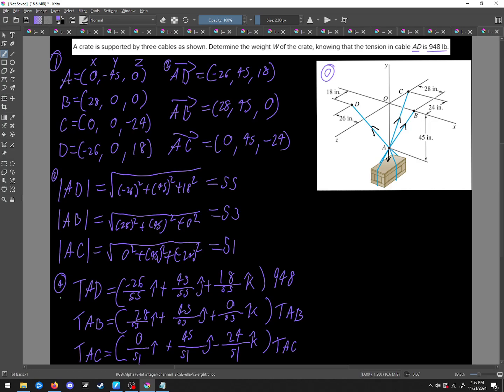From here, we've got the sum of forces. We are going to have the sum of the forces in X, the sum of the forces in Y, and the sum of the forces in Z. All right, what are the forces in the X direction?